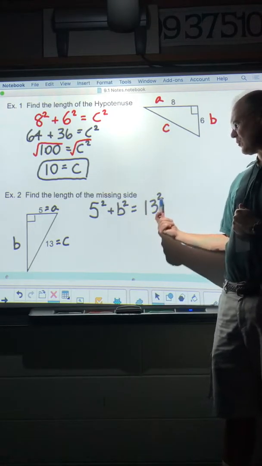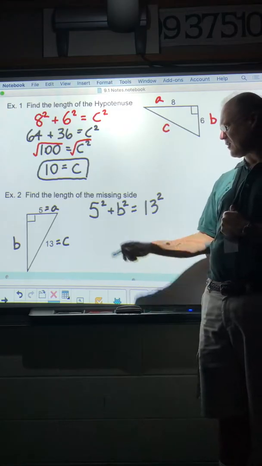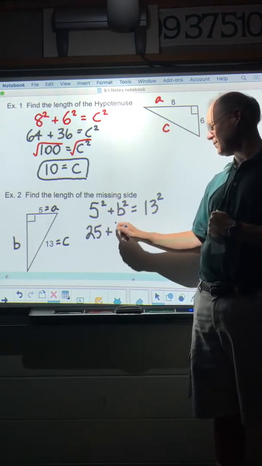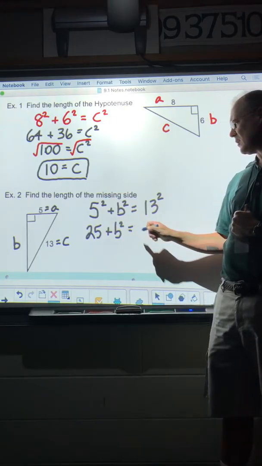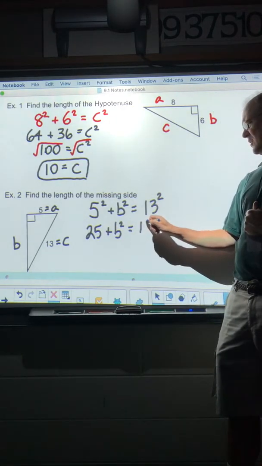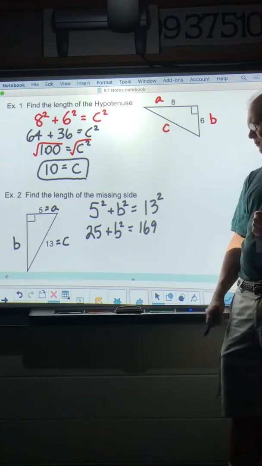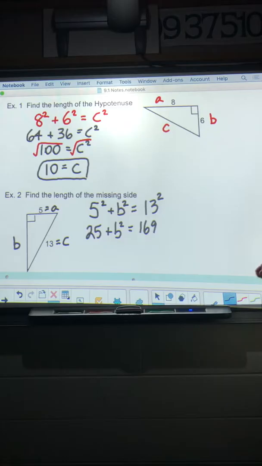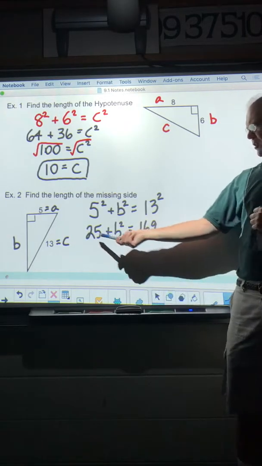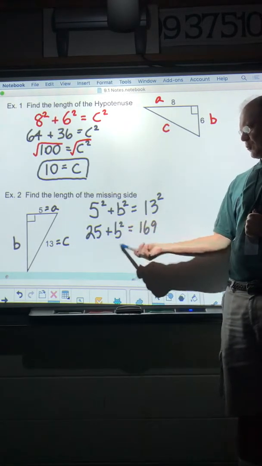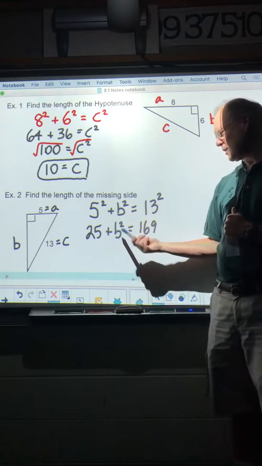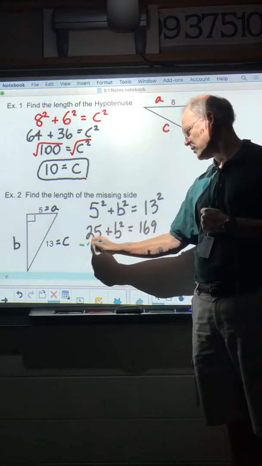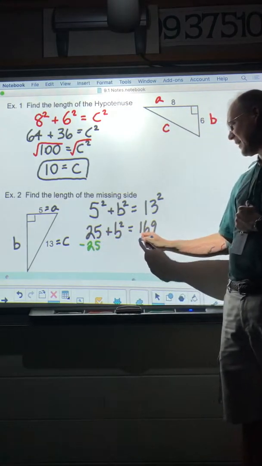Okay, so square the numbers that you have there. 5 times 5 is 25. 13 times 13 is 169. Okay, so then here we want to do some subtraction first before we take the square root. You want the squared part to be by itself before you take the square root. So subtract 25.